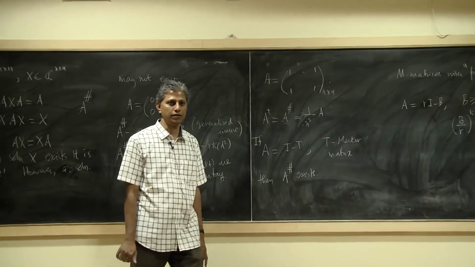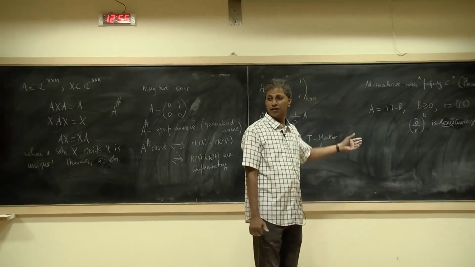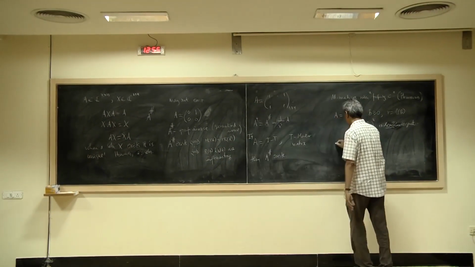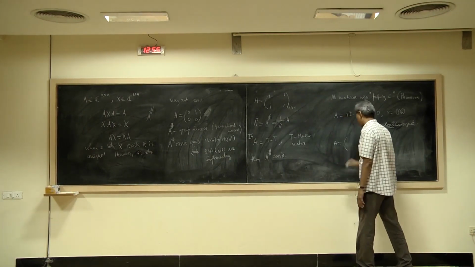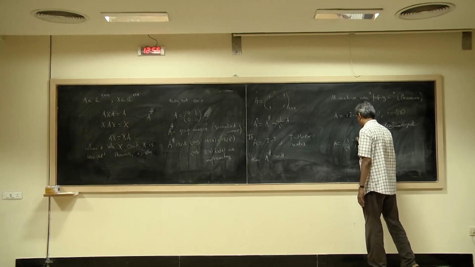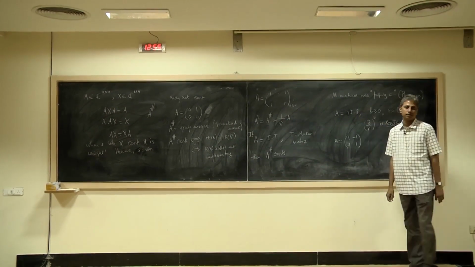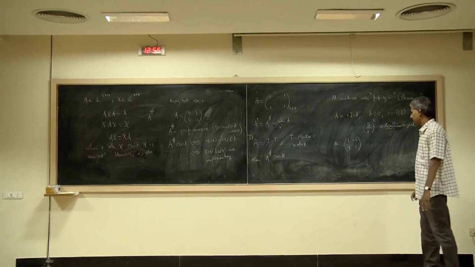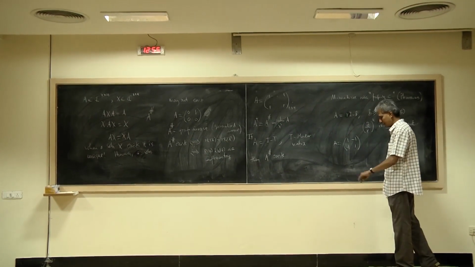So what about an example of an M matrix with property C? Look at this matrix: 1, minus 1, minus 1, 1. This is an example of an M matrix with property C. I'll also give you the reason why.